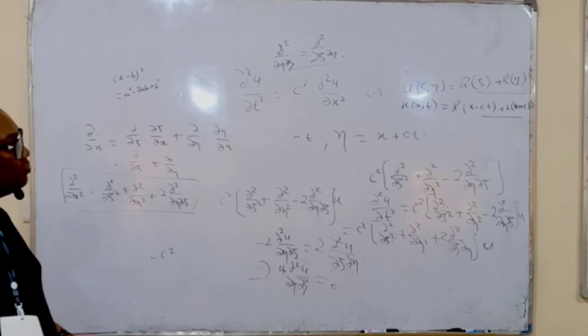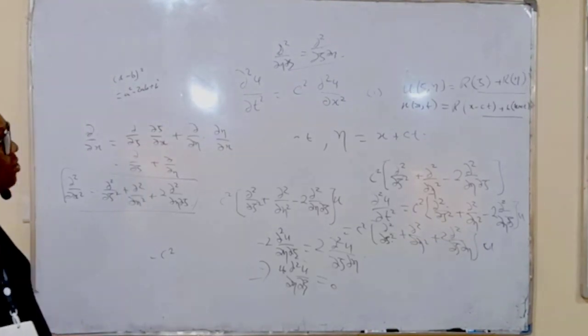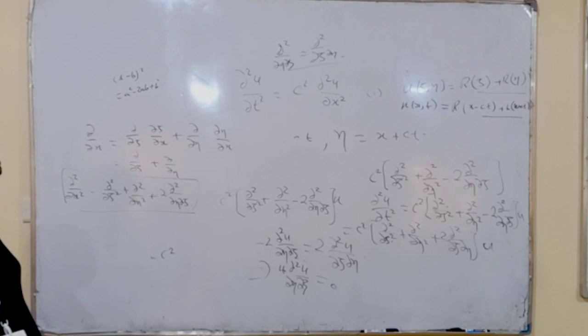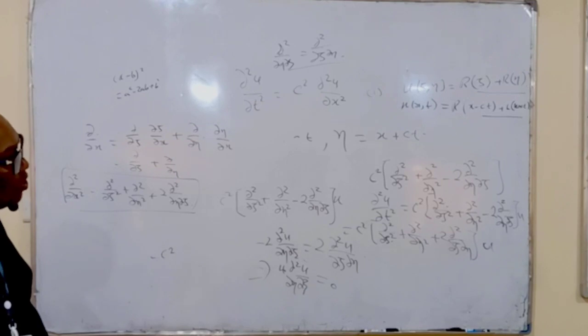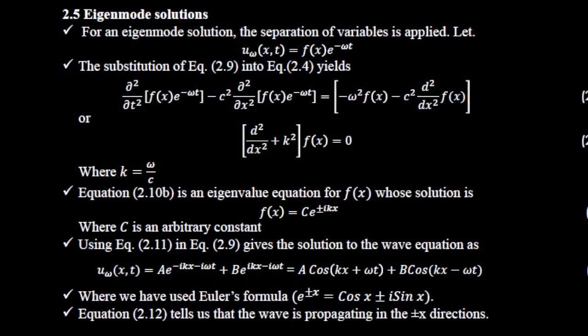Now, for the eigenmode solutions, we will assume that u, a function of x and t, will be equal to a function of x multiplied by the exponential of minus iωt, which is a function of t. All right? So all you do is to substitute that into this equation.